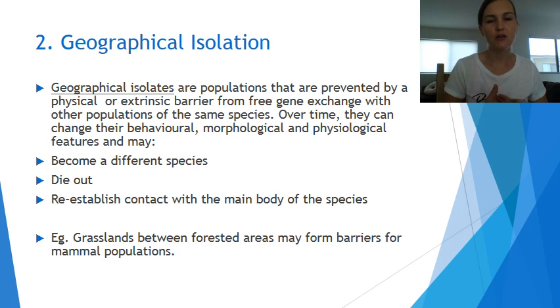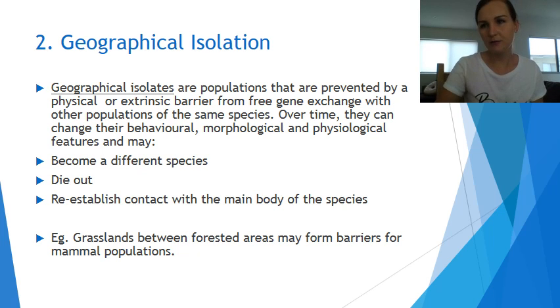Okay, so the three things that may happen over time is that they'll become a different species, and this is quite common when you get that isolation. They may die out, and they may re-establish contact after time and maybe hybridize again into the same species. Now, to become a different species, obviously you need selection pressures, which will be adapting those populations to become different.